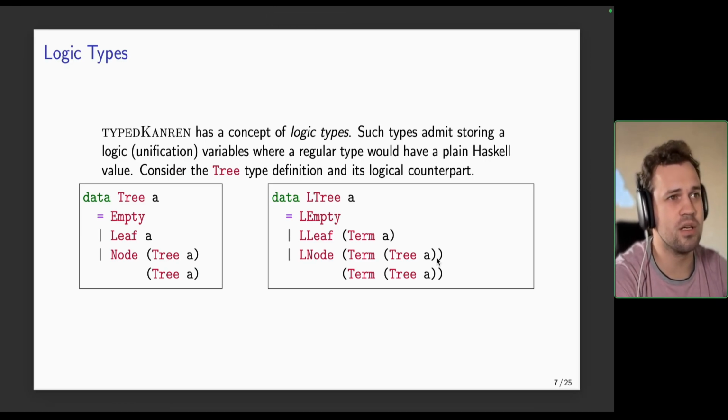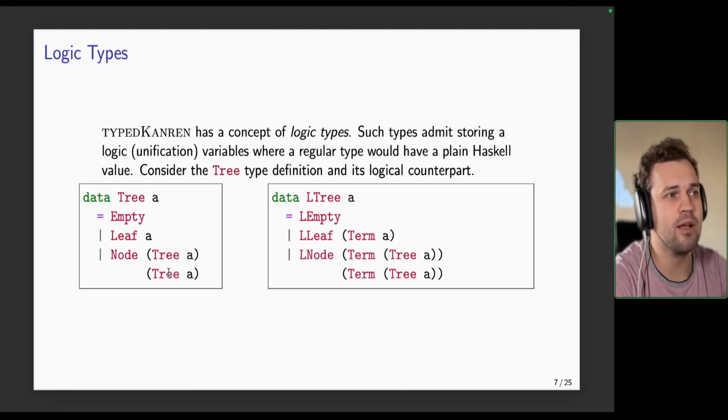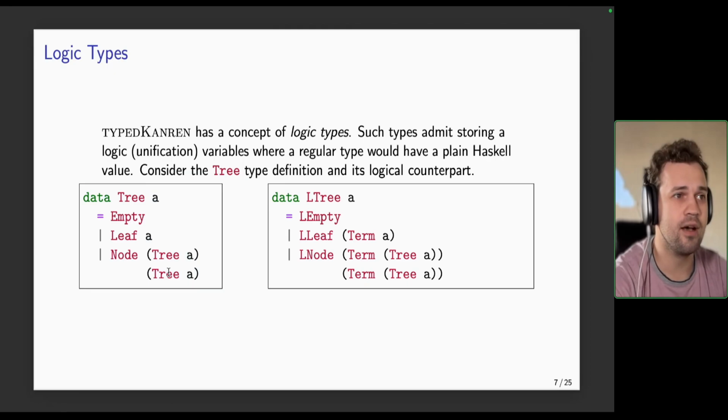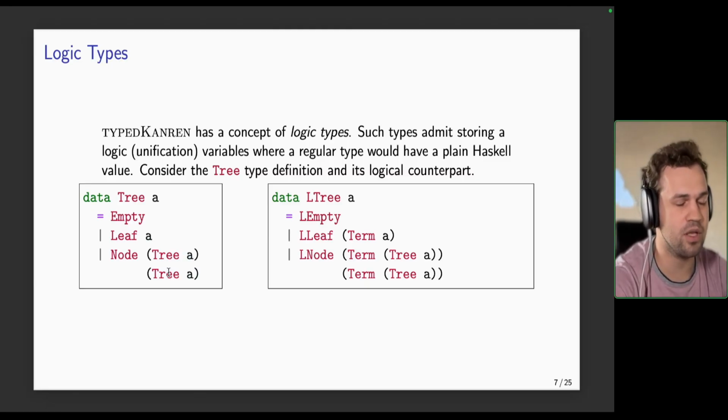To understand why we need these logical types versus regular types, this is a problem that occurs specifically in a statically typed setting. For example, if we have a tree data type on the left and we want to use trees in a logical program, we need to specify which subterms of this tree are allowed to be unification variables, or logic variables, that are going to be learned about in the process of unification inside of the logical engine.